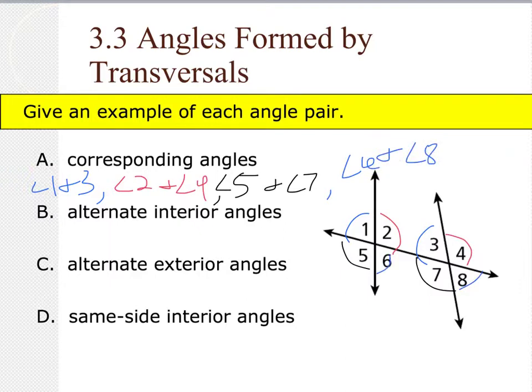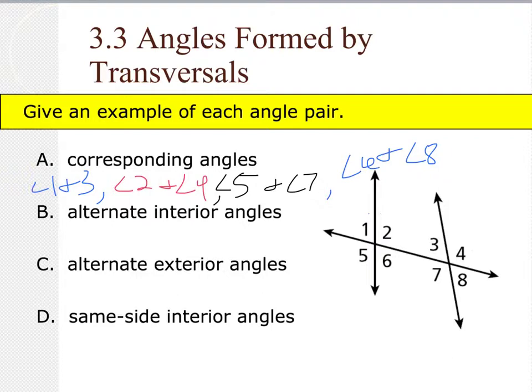Alternate interior angles, when we look at those, I'm going to erase here quickly. Alternate interior angles on the inside. What would be the inside here? What angles are going to be on the interior of this transversal with the two lines? Give me them all. I hope you said 2, 3, 6, and 7.